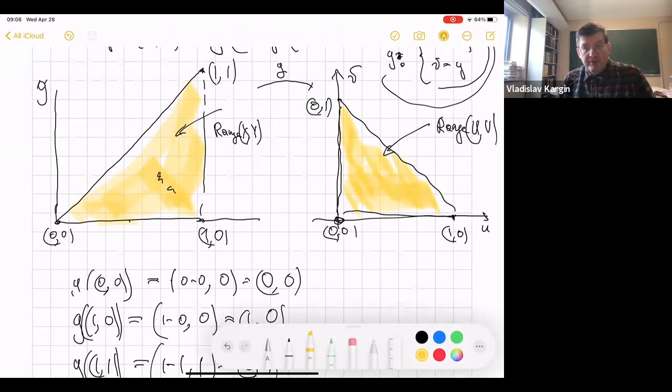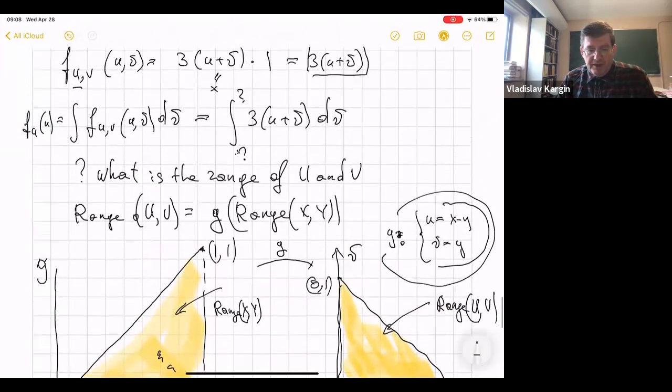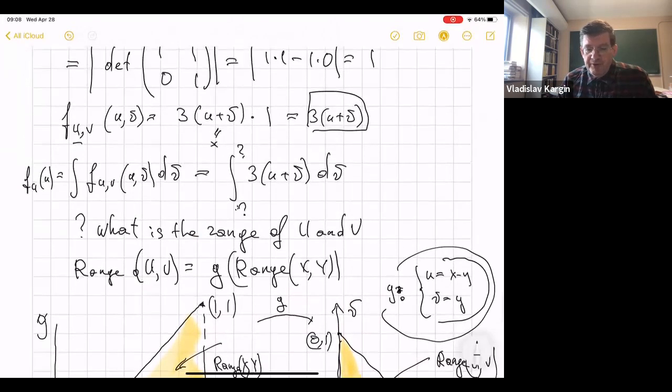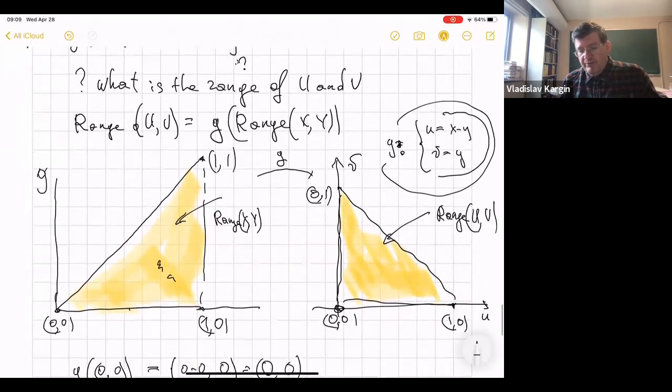Yeah, so in principle, the answer to the question of what's the joint density of U and V would be a bit different from before. The joint density is equal to 3U plus V, but only if (U, V) belongs to this range.